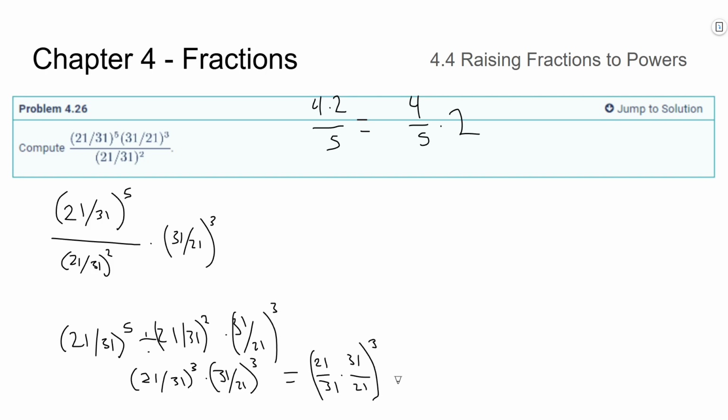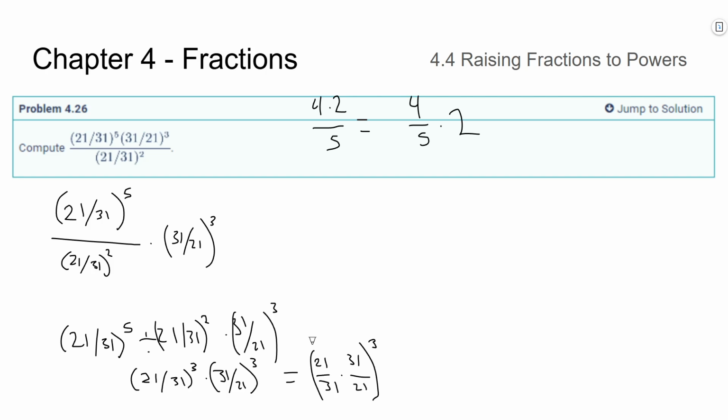That's a pretty good way to start. And now what we could do is combine these as 21 times 31 over 31 times 21. And we might recognize that we could move things around. Remember the shortcuts we talked about in the last section? This could end up being 21 over 21 and then 31 over 31. And so it'd be 1 times 1, which is 1.